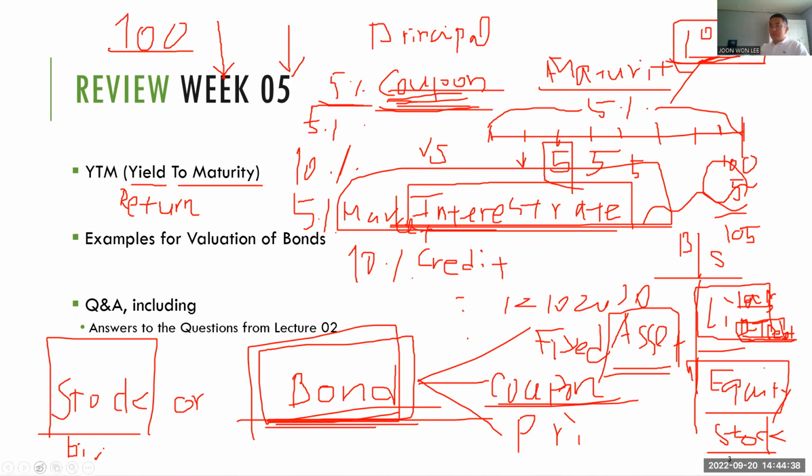So that's the relationship between coupon rate and market interest rate, but it is not quite precise to simply compare the market interest rate with the coupon rate.